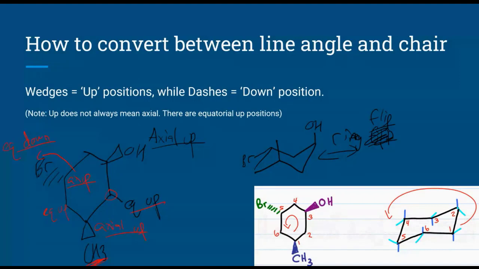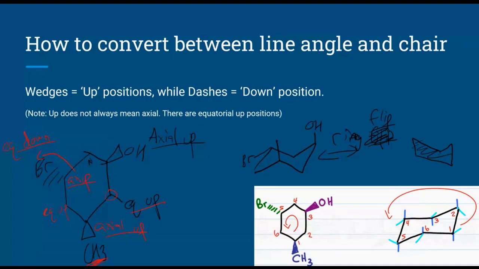Can I try? I usually have trouble drawing the other sided ring, so let me see if I can do this. Is it okay to start at any point as equatorial or axial? Right, as long as you're keeping consistent.